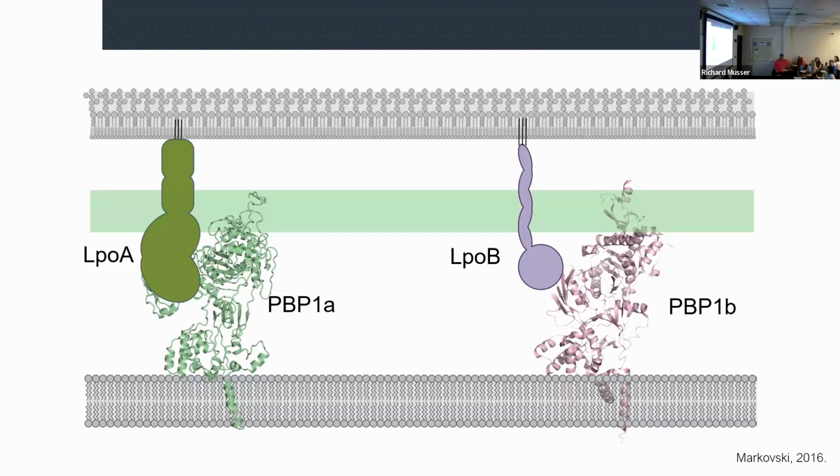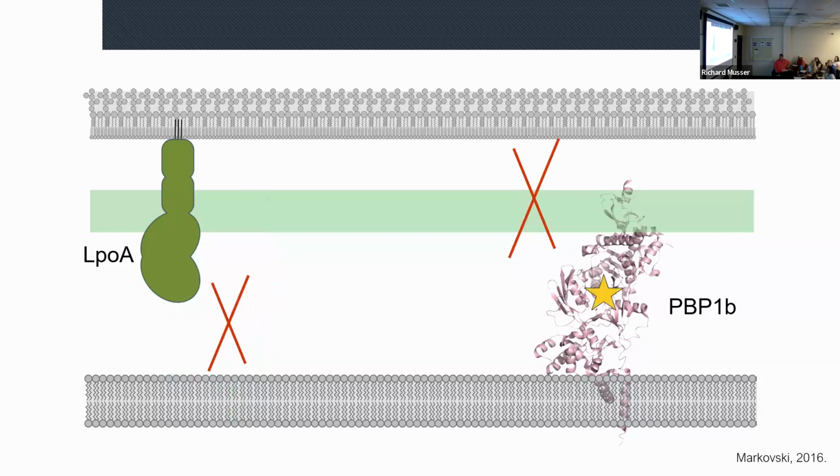I kind of came at this question sideways because I started work on a salt-sensitive strain we had in the lab that we knew had low class A PBP activity. Going back to our PBP1A and PBP1B with their activators, our strain lacked PBP1A and lacked LpoB, but had a mutant version of PBP1B that could be active in the absence of LpoB.